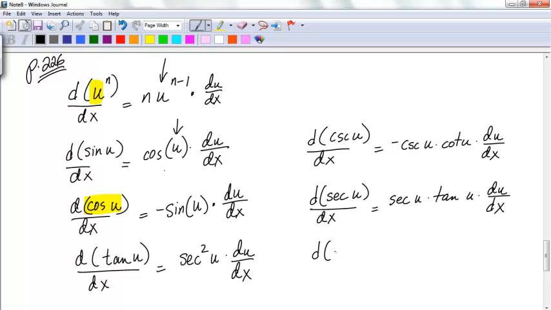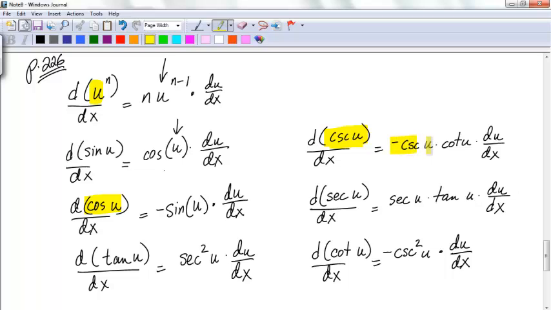So the derivative of cotangent of u with respect to x is a negative cosecant squared u and then times the derivative of the angle. So this just says if I did a cosecant with an angle that was a quantity, it's just negative cosecant of that quantity, cotangent of that quantity, and then you got to take the derivative of that angle.